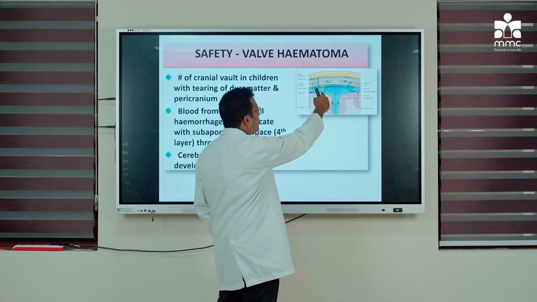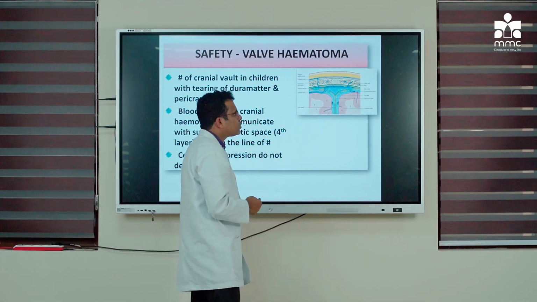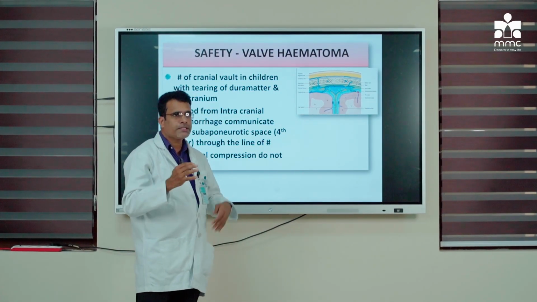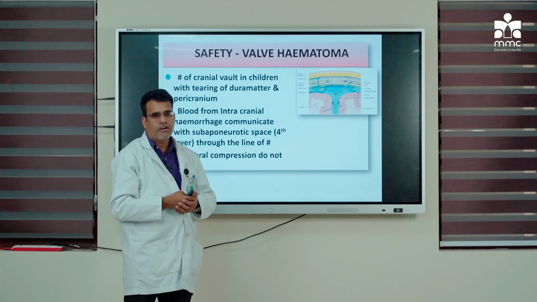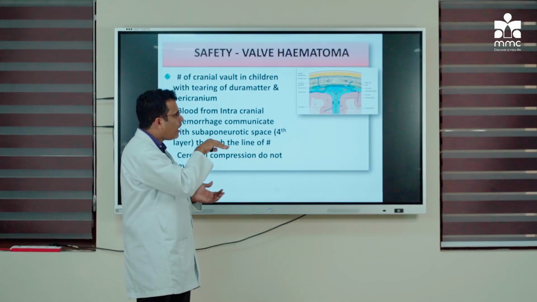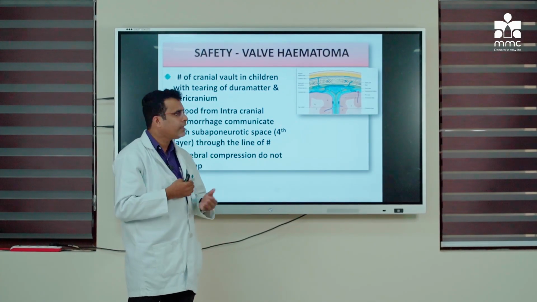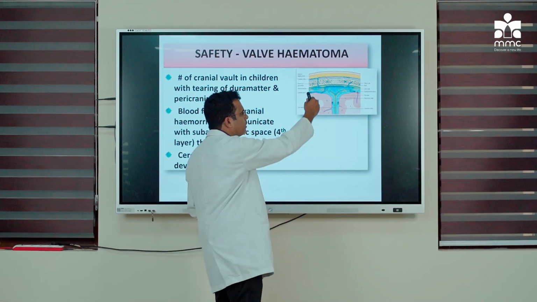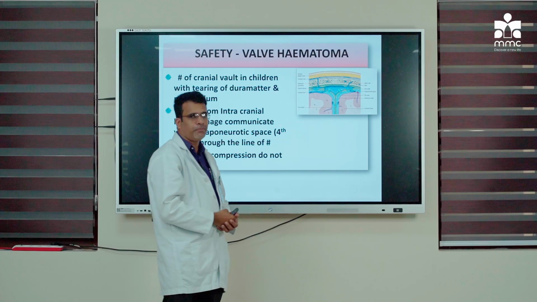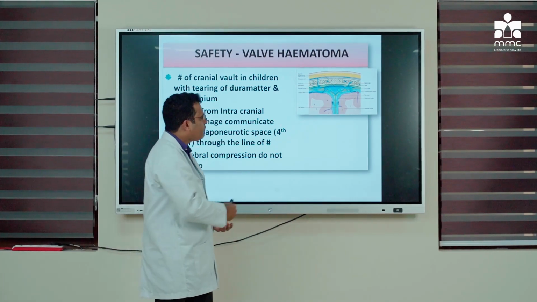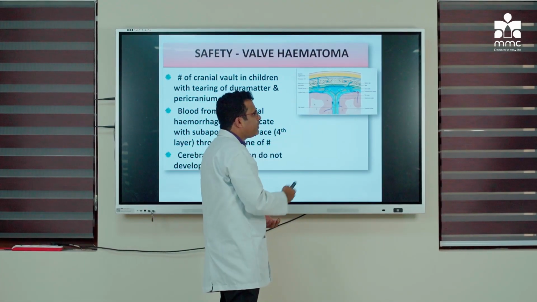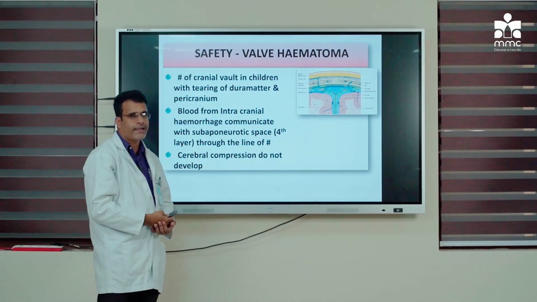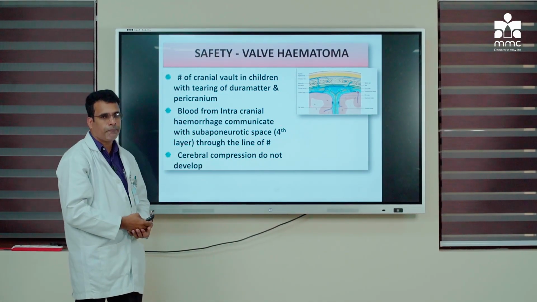And this epidural hemorrhage, that blood may come through the emissary foramen to this fourth layer, and this blood will initially be filling this fourth layer, and only after filling this fourth layer will that blood have a tendency to compress the brain or parts of the brain to form the hematoma. After filling the fourth layer only, this hematoma formation within the cranial cavity will happen. So that's why this mechanism is popularly called safety valve hematoma.